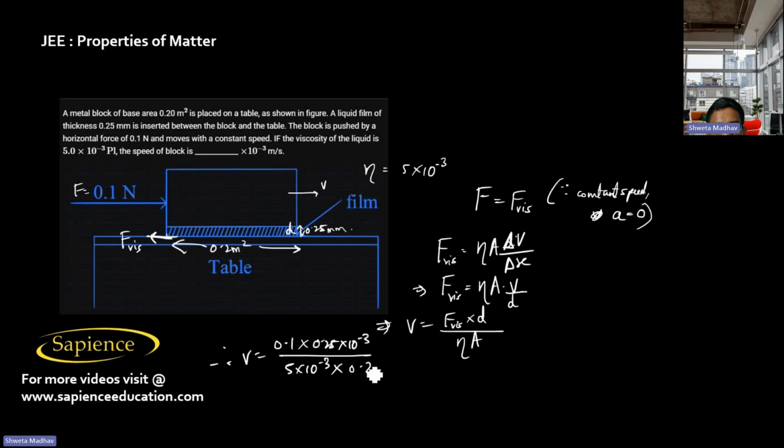From here we can say 2 5 is 10, so this will be 1, and 10 power minus 3 get cancelled. So this is 0.1 into 0.25, which means it is 25 into 10 power minus 3 meter per second. So the answer is 25.